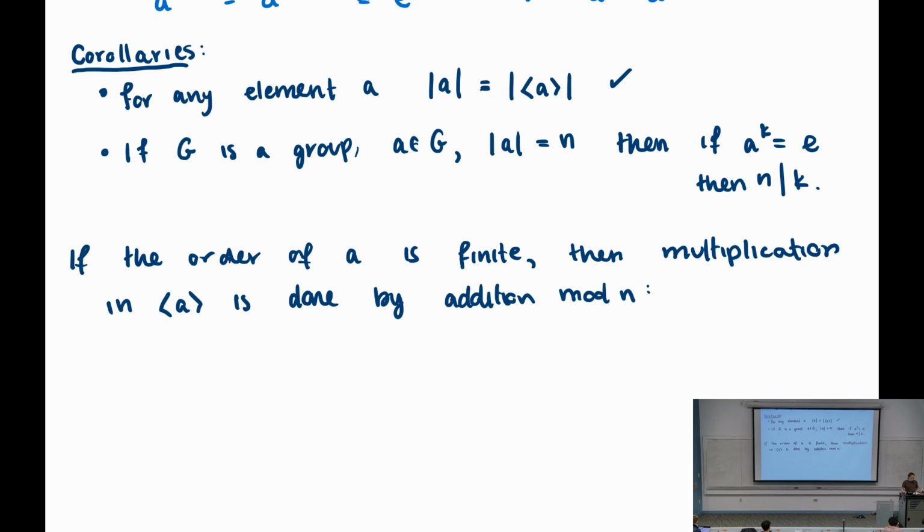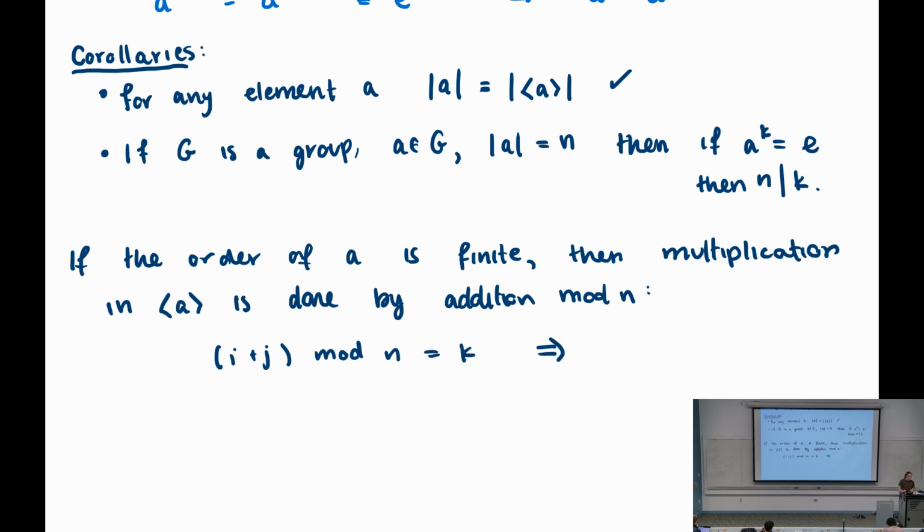as follows. So we know that if i plus j mod n is equal to k, then by this theorem, a to the i times a to the j is equal to a to the k.